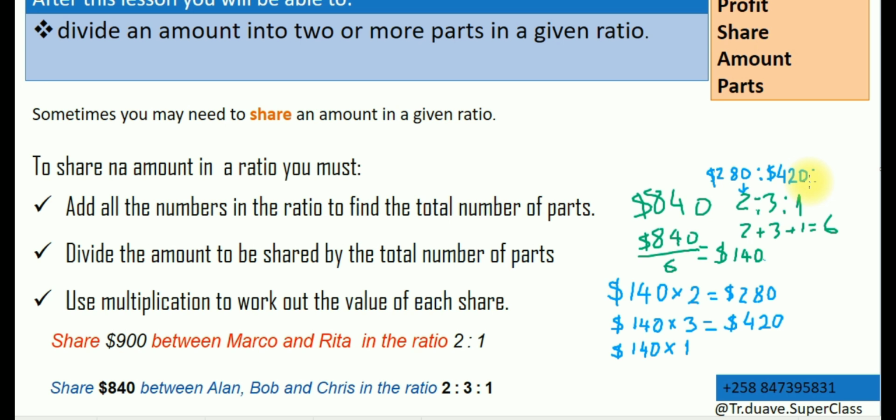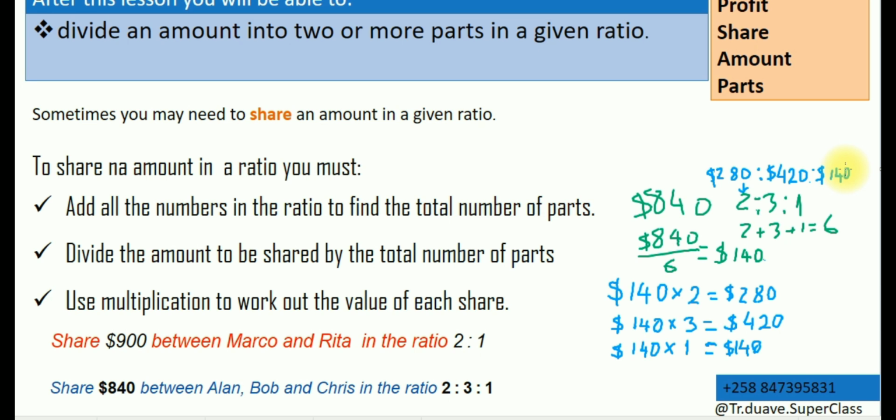And finally, 140 multiplied by 1, the result is exactly 140, which means here I'll have 140. Clear? That's it. So it's how we work out these exercises.